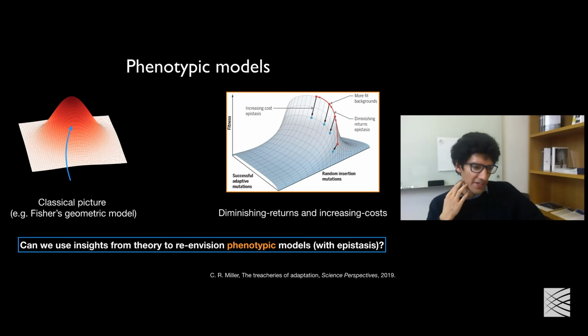But the hope is that we can come up with some simple phenotypic models that can guide our intuition. We don't expect these to always hold, but hopefully in some cases we can get some intuition out of these models.